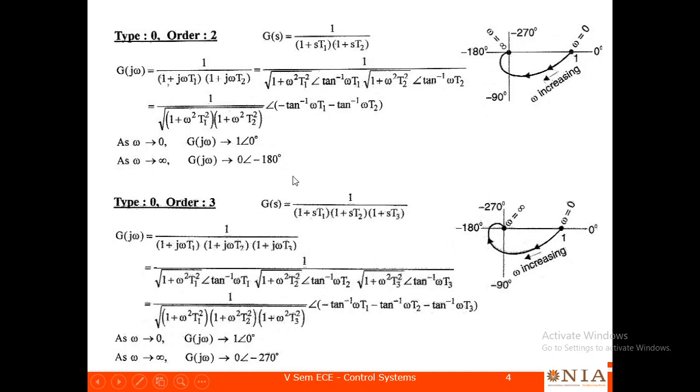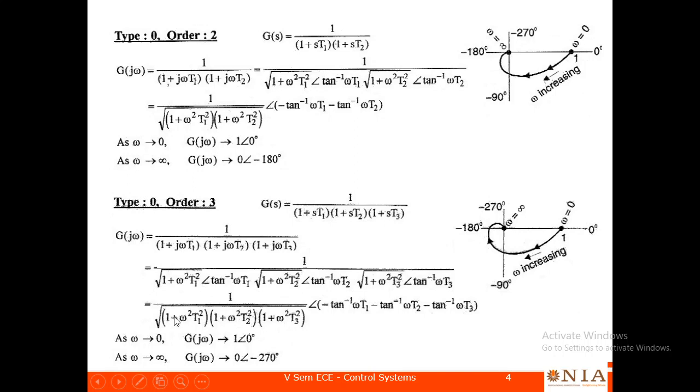Here is another system where the type is 0 and the order is 3. Obviously it has to start in this quadrant, and since the order is 3, it has to end somewhere between minus 180 degrees and minus 270 degrees. So this is the ending point.